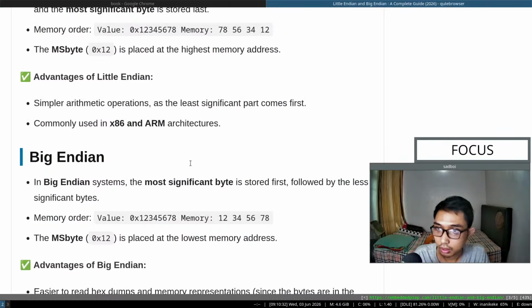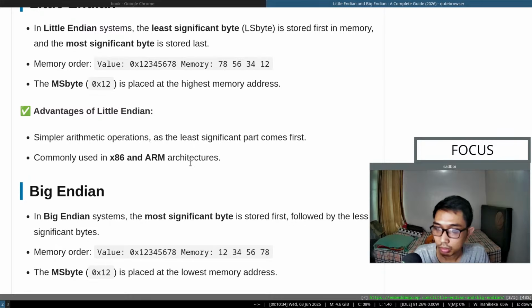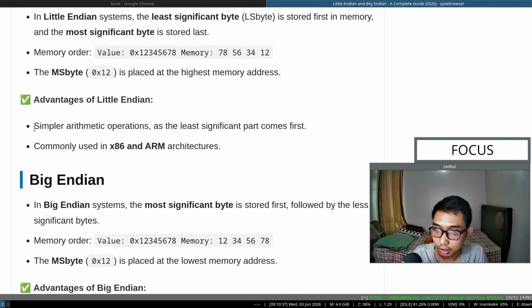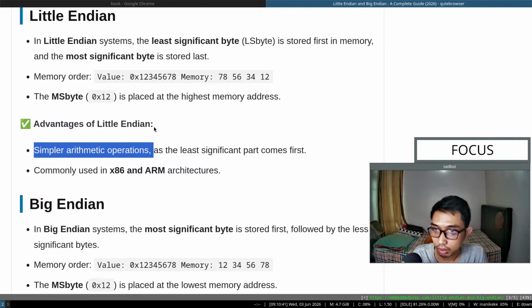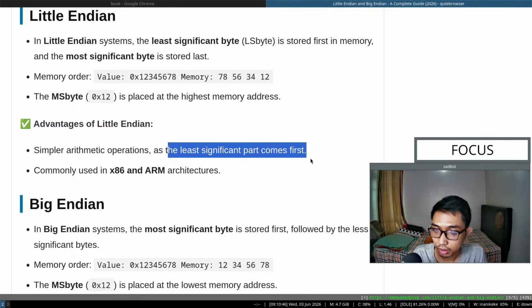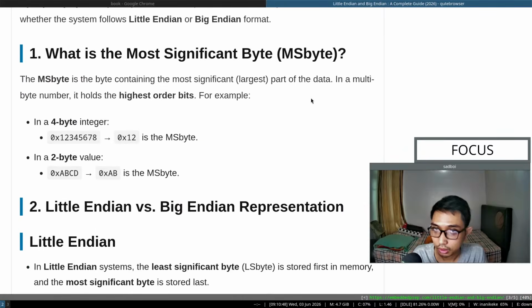From this article it looks like it is a simple arithmetic operation. The least significant part comes first.